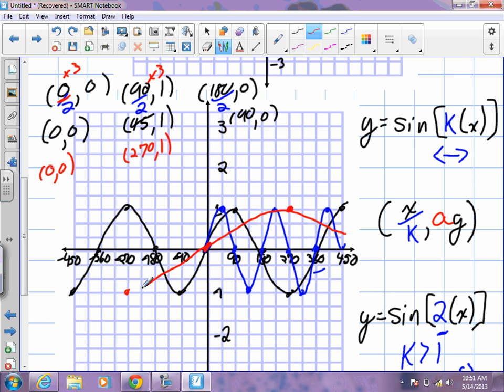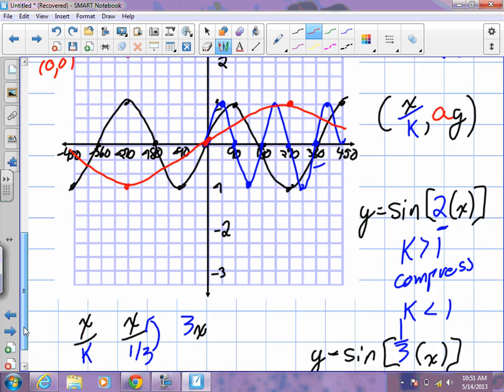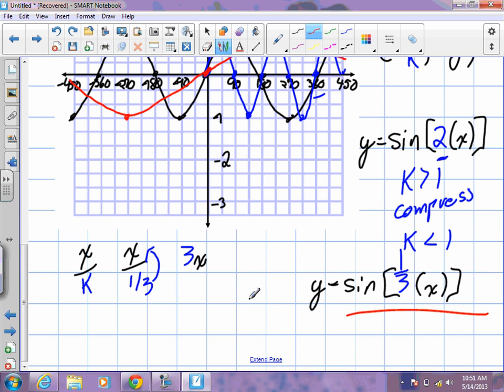And finally, the last thing, if k is a negative value, okay, for instance, y equals sine, and we'll do -1 just to show you what this does. What's going to happen is it just inverts everything. Okay? So we divide our x values by a negative value.